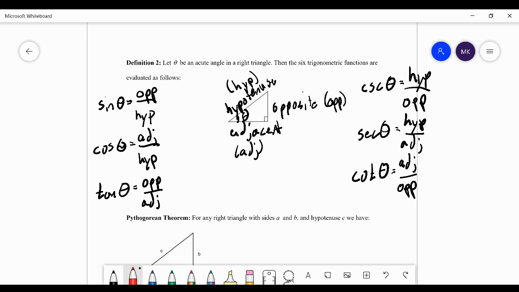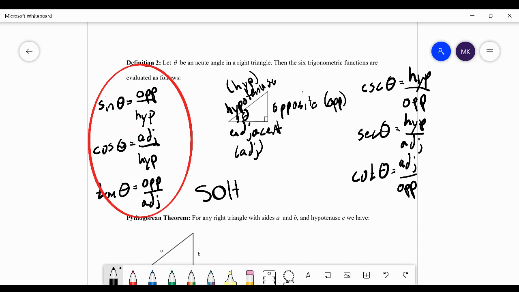Okay. Now, the acronym that many of us have used to remember all of our sine, cosine, and tangent evaluations, this set of information right here is SOH CAH TOA.